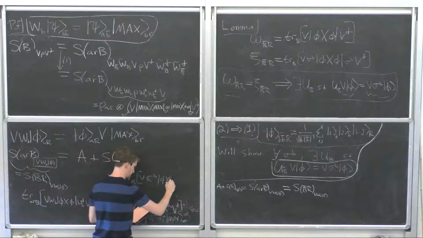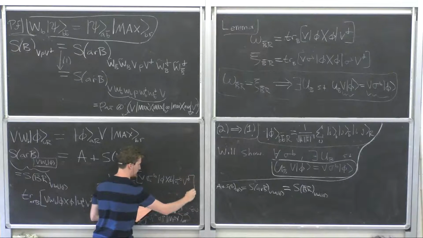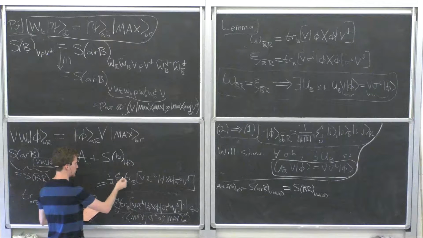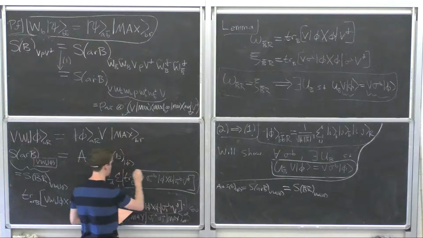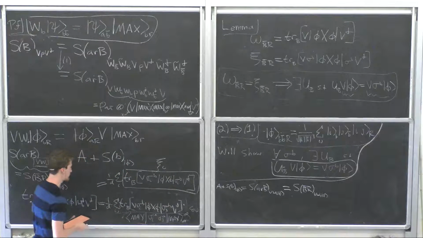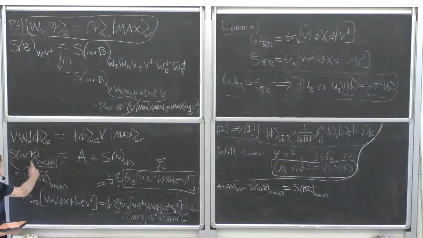And then I'll summarize this entire board by saying, so if you want, just call all of this boxed thing psi I. So we have 1 over d times the sum over I of psi I. I runs from 1 to d, by the way.